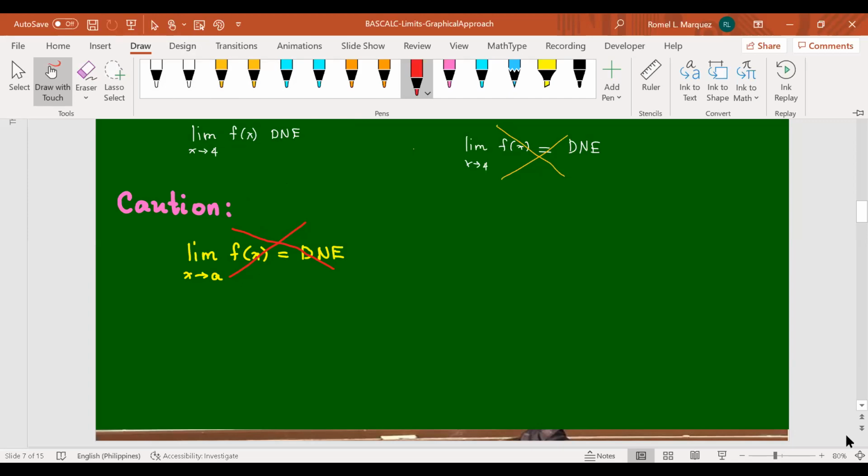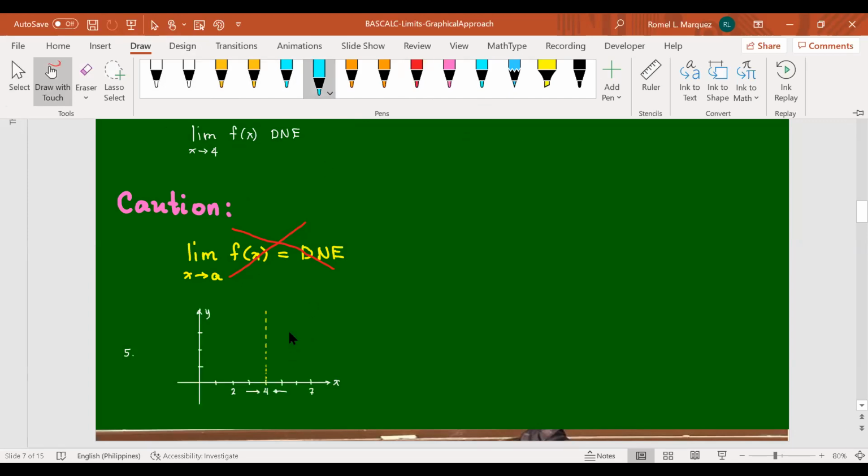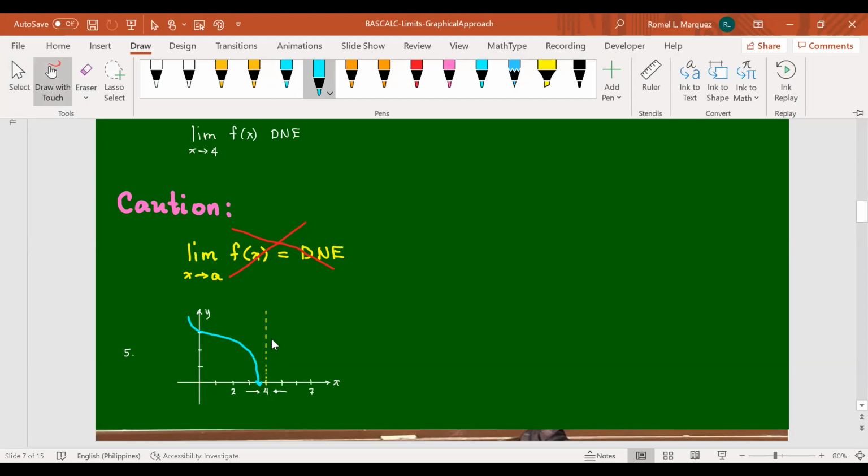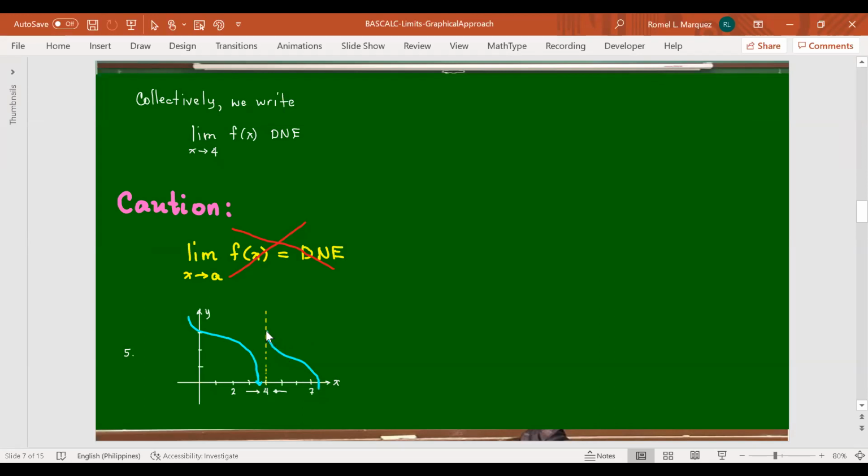So let's have another graph. Let's say I have this graph. So it means the function value is defined, but coming from the right, going here, and it has a point on the asymptote.